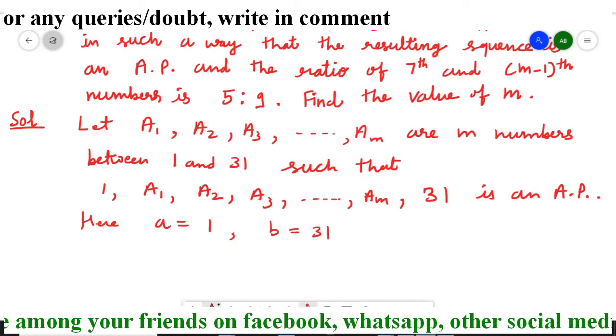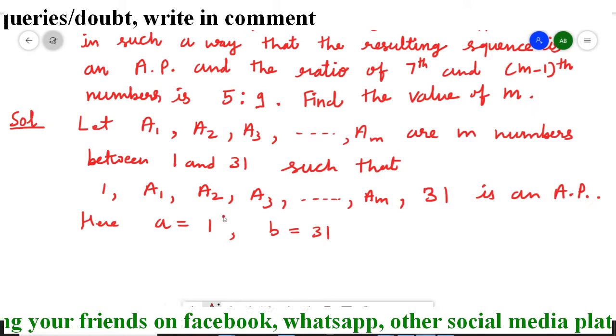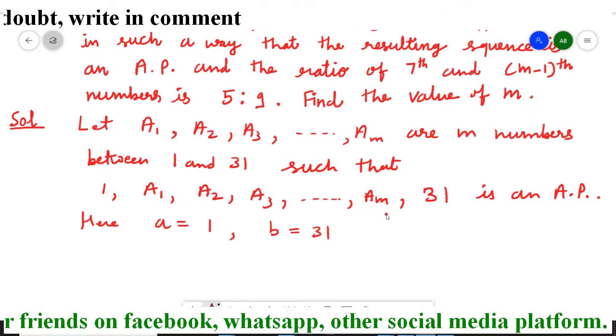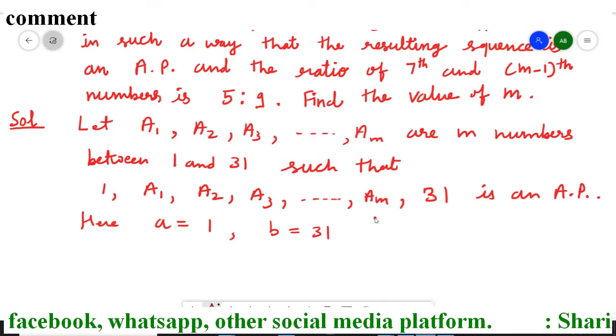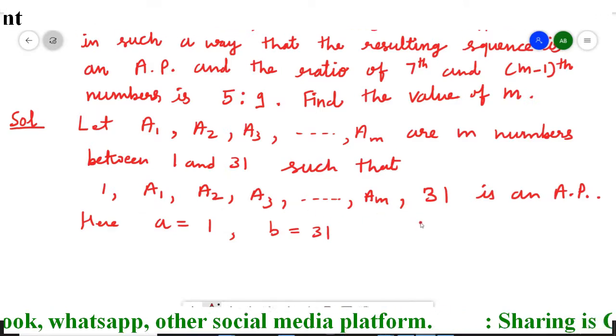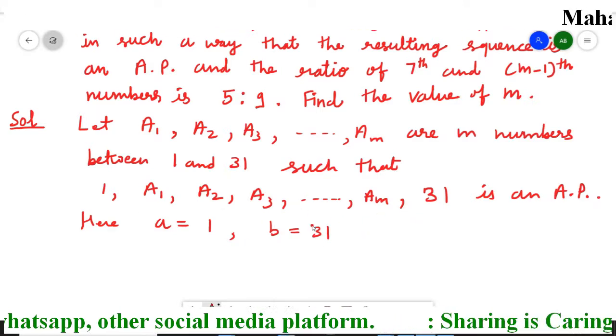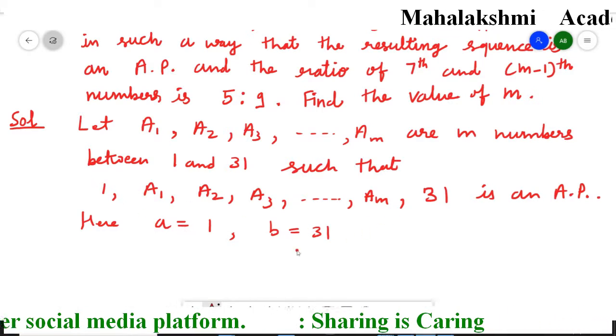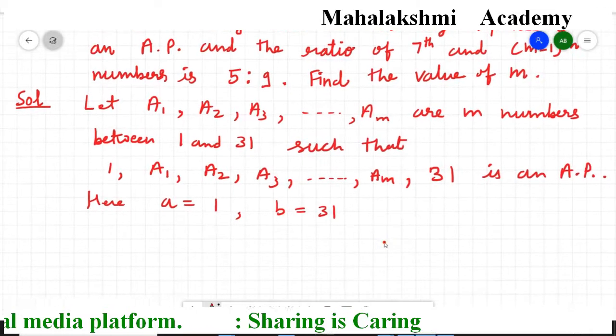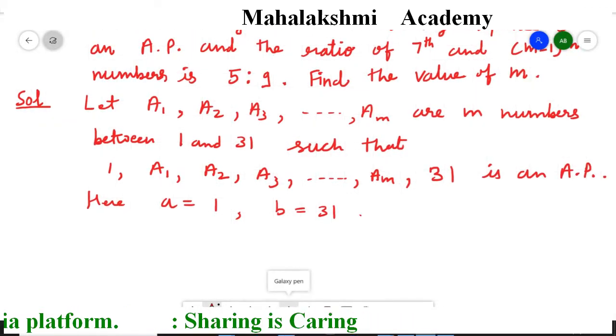This notation is used in questions where arithmetic means are introduced between any two numbers and the resulting sequence is an AP. In that kind of questions, the first term is represented by small a and the last term by small b, and directly we can get the common difference formula.